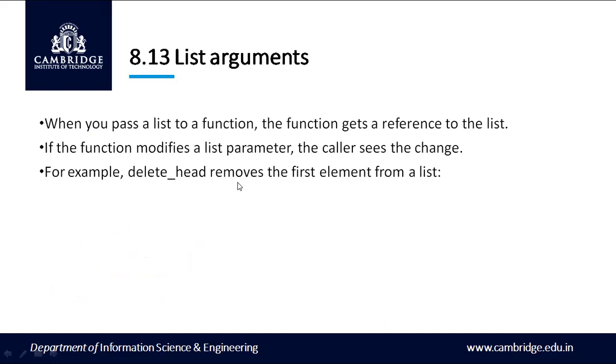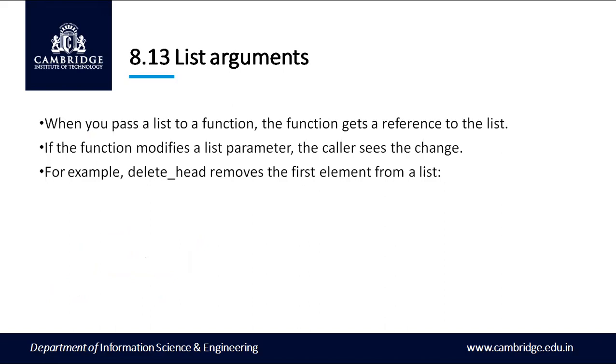And the next topic is list arguments. When you pass a list to a function, the function gets a reference to the list. So if the function modifies a list parameter, the caller sees the change. Here, you know what list arguments and parameters are. When you pass a list to a function, the function gets a reference to the list.